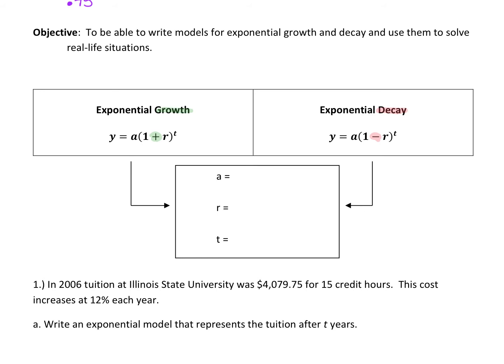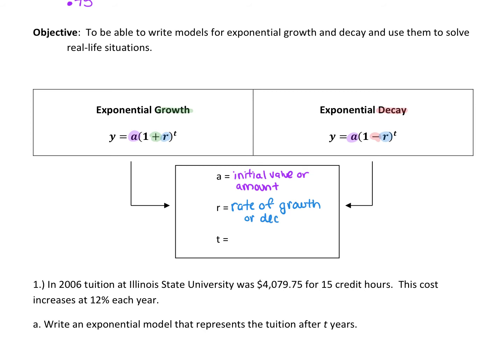So let's talk about what they mean. If I'm talking about my a value, that's my initial value or amount. So that's the starting amount, that initial value. My r is the rate of growth or decay.